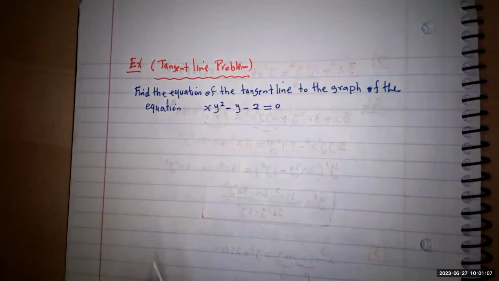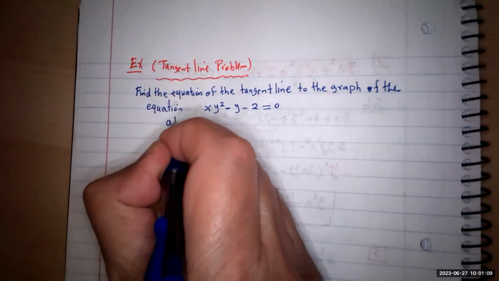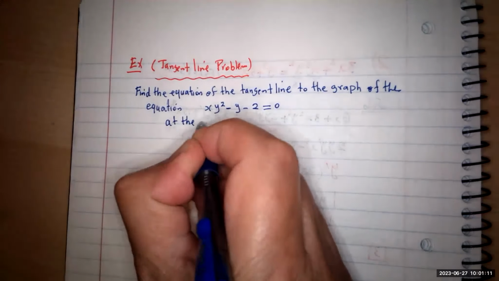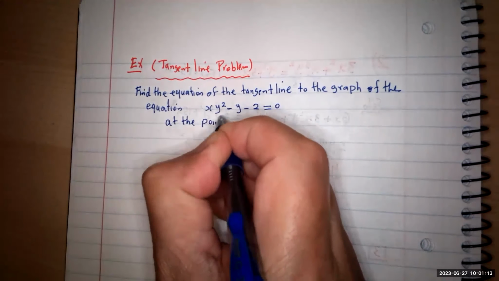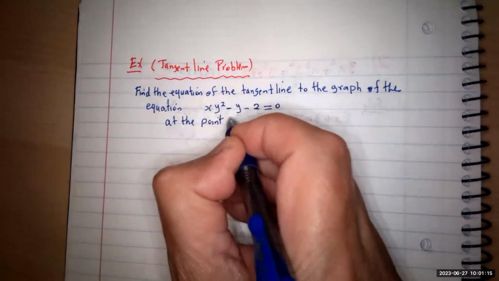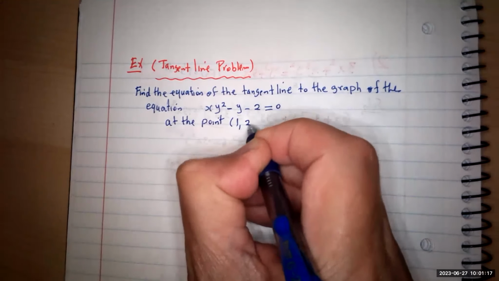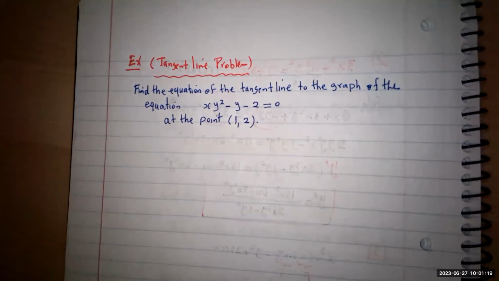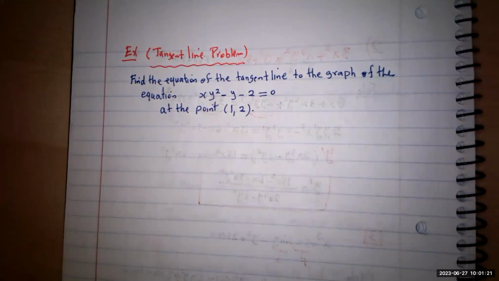And of course, we want to do it at the point. The point is (1, 2). They usually give you the point rather than the x values, because otherwise you have to find it yourself, and sometimes it would be difficult to solve for y. So that would be given.